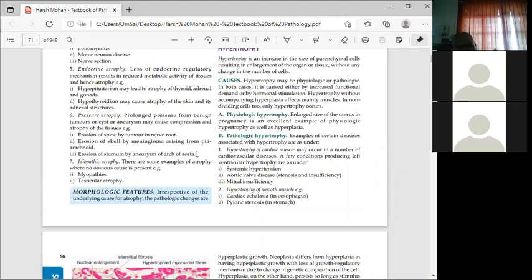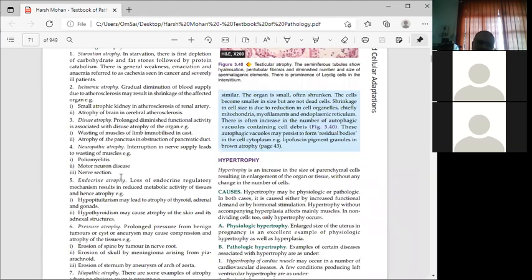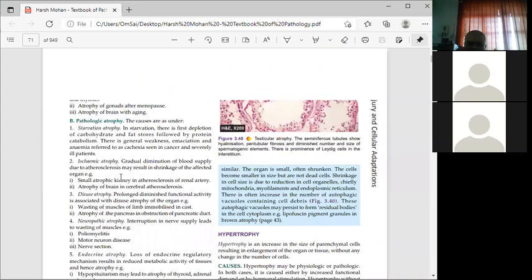Idiopathic atrophy is the next pathologic atrophy. There are some examples of atrophy where no obvious cause is present. Example, myopathy and testicular atrophy. What is testicular atrophy?